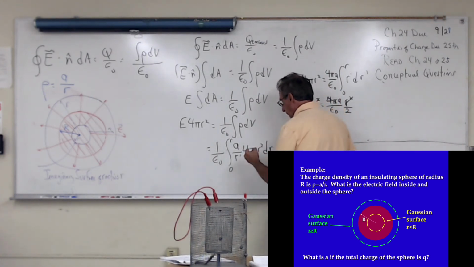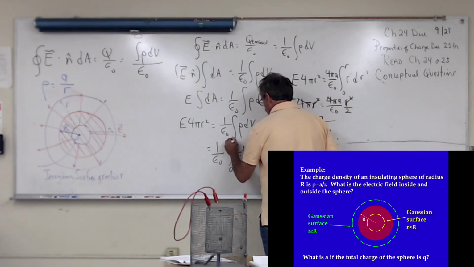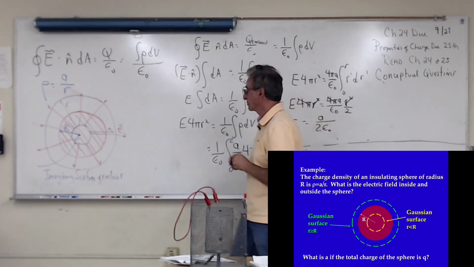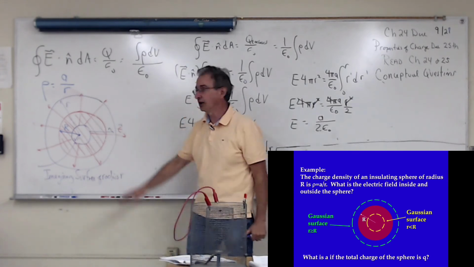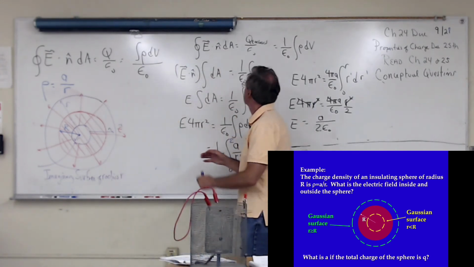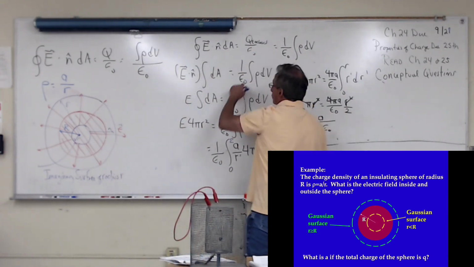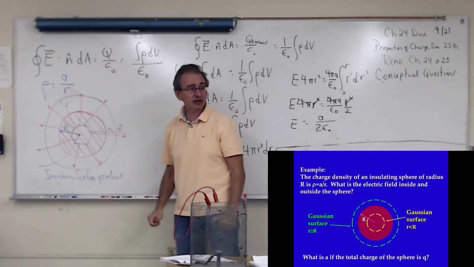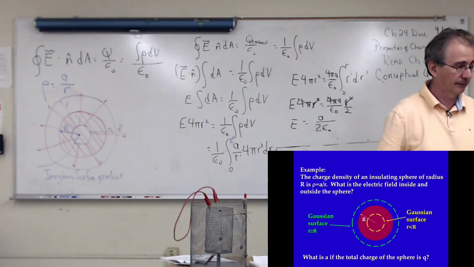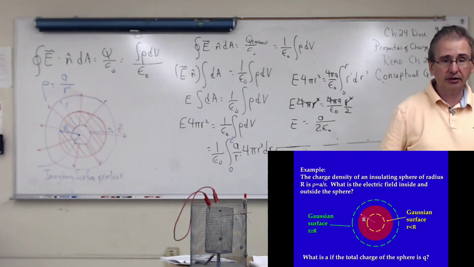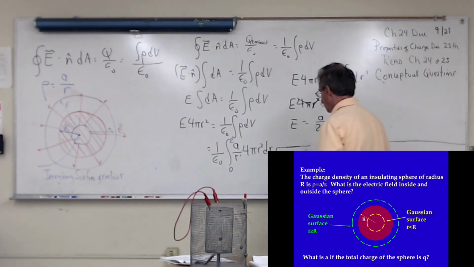And so this has to go from 0 to the surface of the sphere. There's no charge in between these two spheres, and there's no charge afterwards. So I got to include the whole sphere. All right, now I'm integrating over the whole sphere.